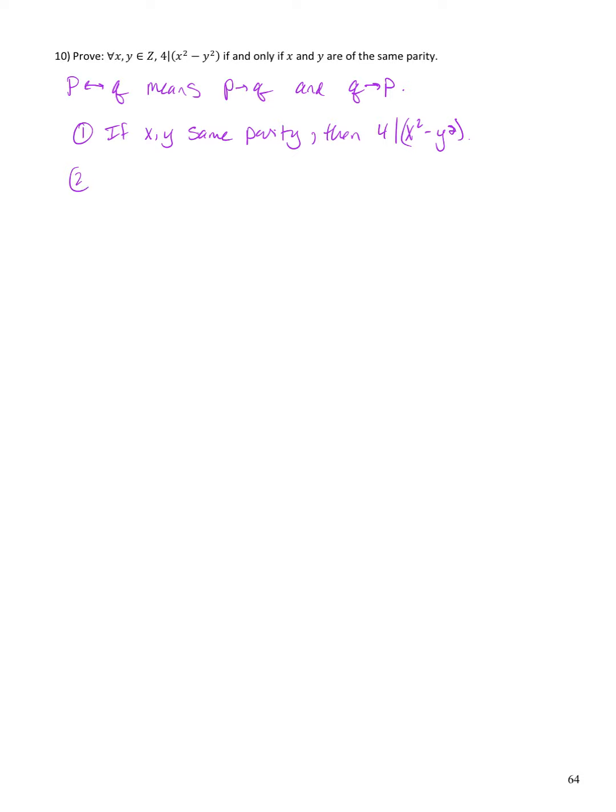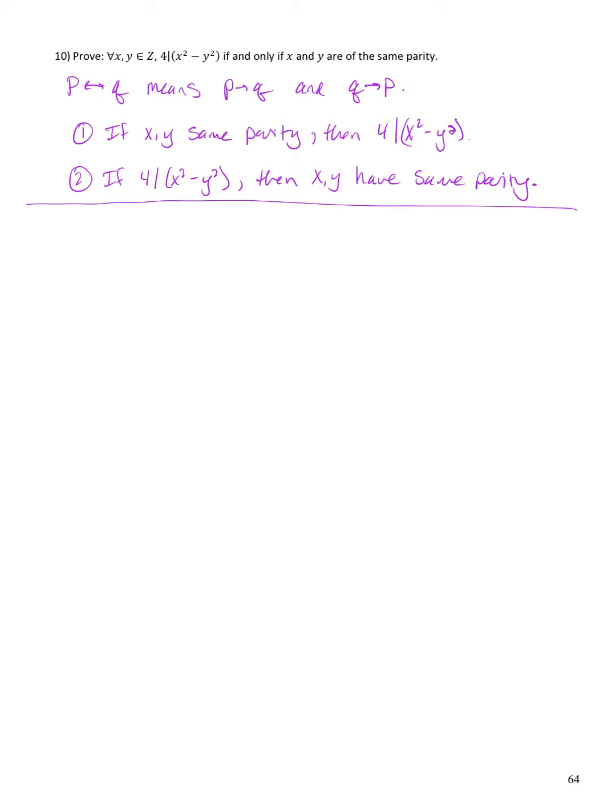And then statement 2 to be proved is the reverse, Q implies P. So that would say that if 4 divides x squared minus y squared, then x and y have the same parity. So I have two statements to prove in order to prove this if and only if.